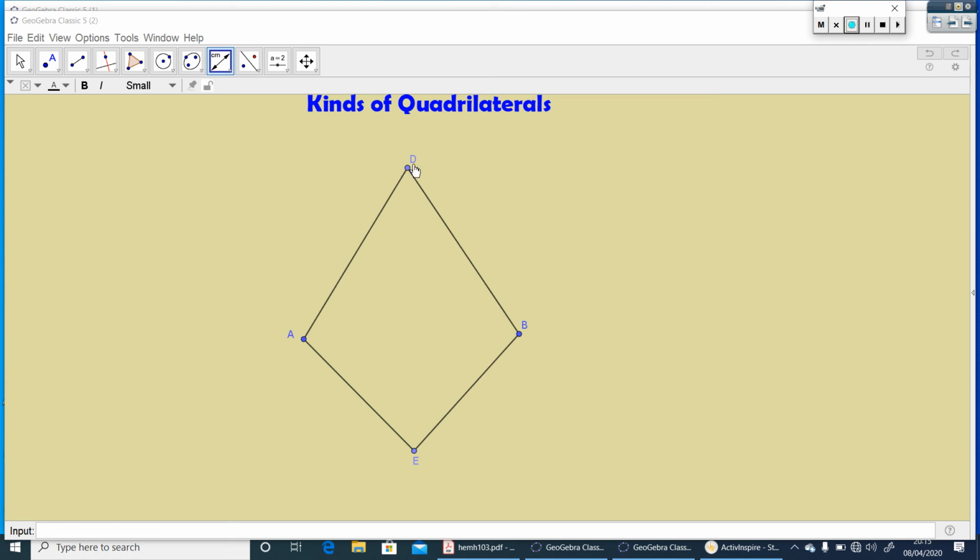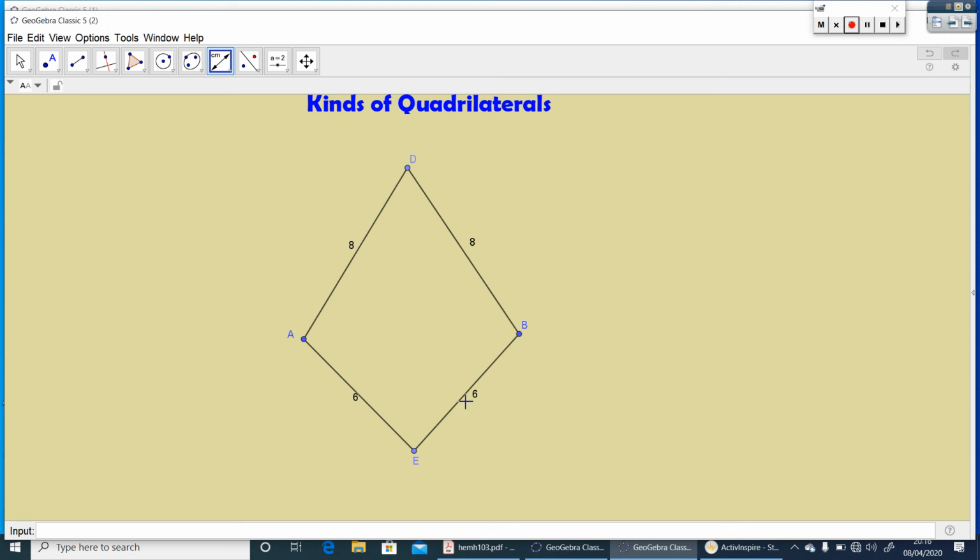Now let me measure the lengths of the sides. Here AD is 8 units, BD is 8 units, BE is 6 units and AE is also 6 units. Now you can see pairs of sides are equal.